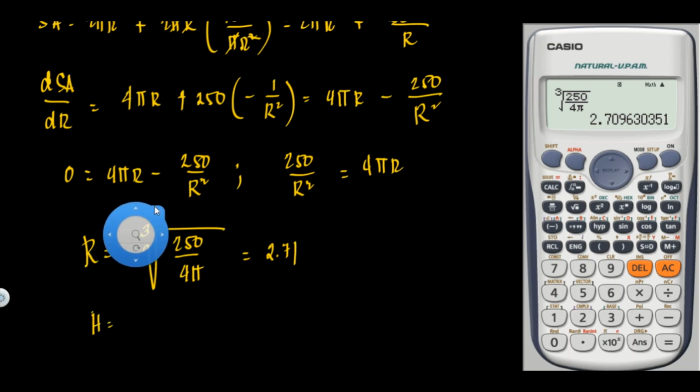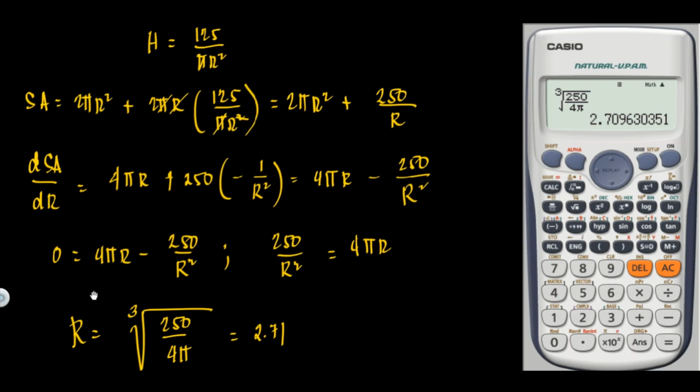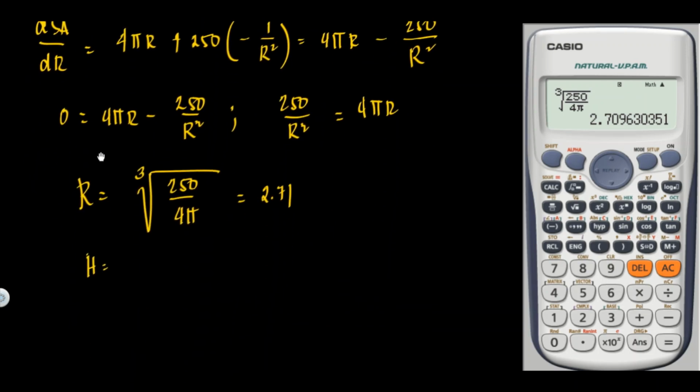H is, ano yung formula natin? 125 over pi r squared. Sige. So we have 125 over pi times 2.71, then squared. Okay?